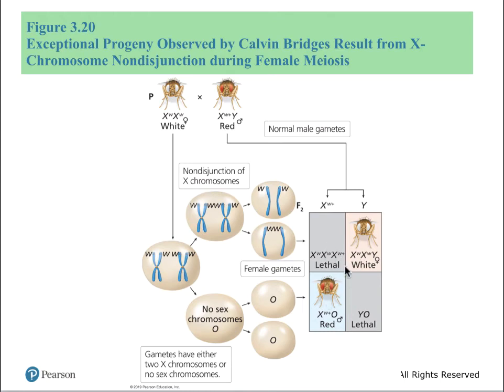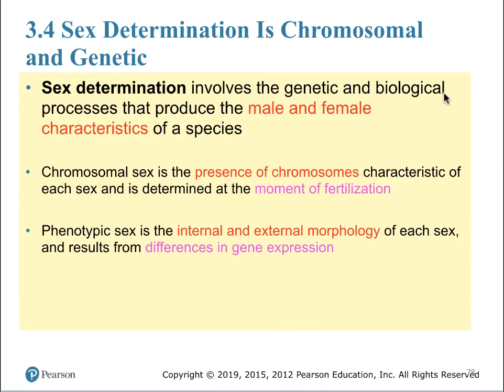But the other 2 boxes, the diagonal boxes, will produce offspring. So males can have 2 X's and a Y, and females can be XO. Those results were key in allowing Bridges to conclude that sex determination in these flies involves genetic and biological processes, and that the male and female characteristics of a species are the result of the interaction of both.